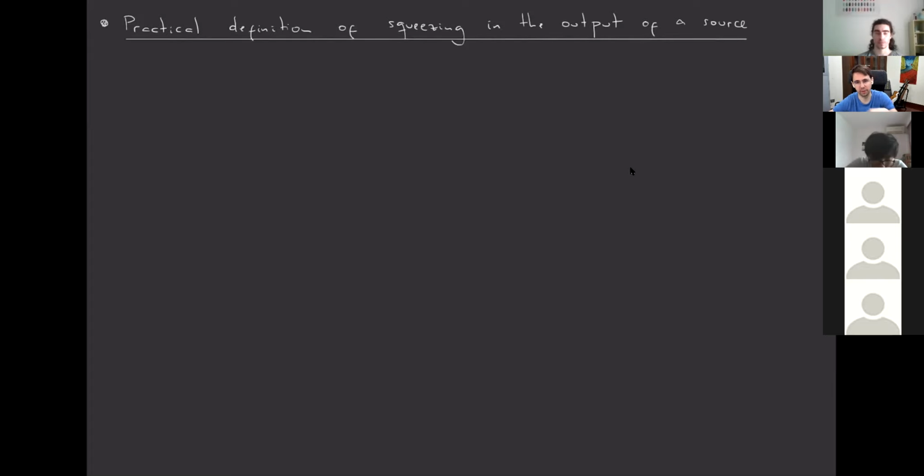I remind you that this was at the very beginning of the course, that we defined squeezing motivated by high precision measurements or high precision encoding of information. What I told you is that usually the way that we do sensing or encode information is by having a signal that we want to either measure or transmit, and we encode this signal as modulations in the quadrature of our electromagnetic field.